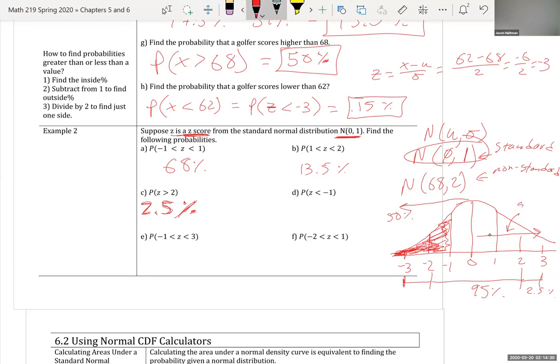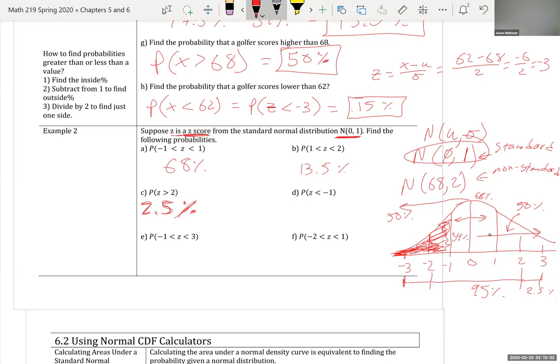But of this 50%, what is not there? Well, it's half of the 1 standard deviation. Within 1 standard deviation is 68%, so half of that is 34%.